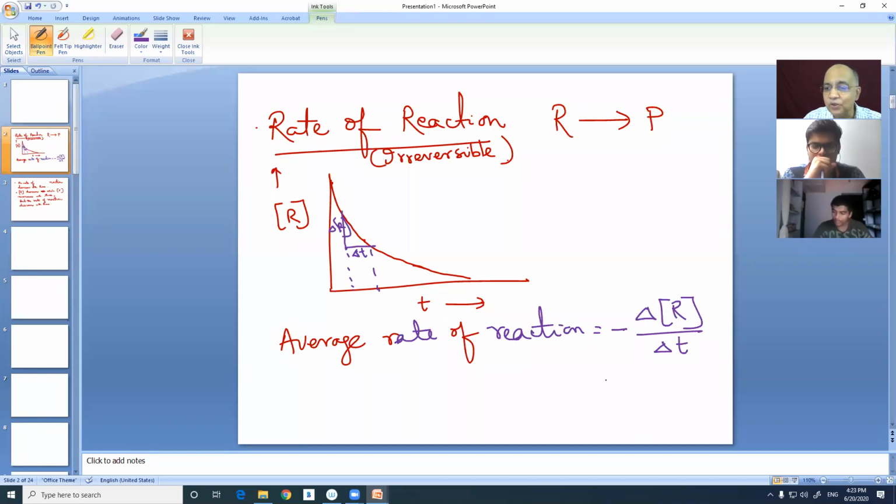right? So you can also, if you draw a graph, supposing someone is monitoring how the product concentration is increasing, someone is not interested in reactant, someone is more interested in product.